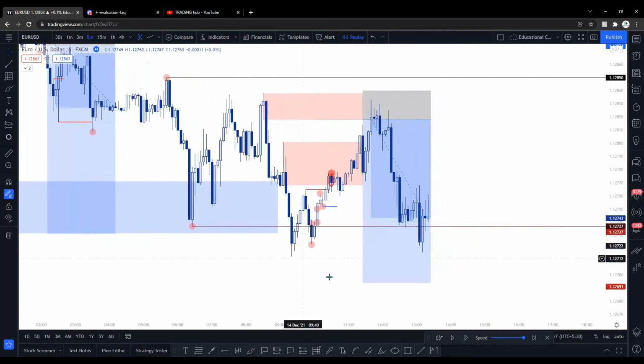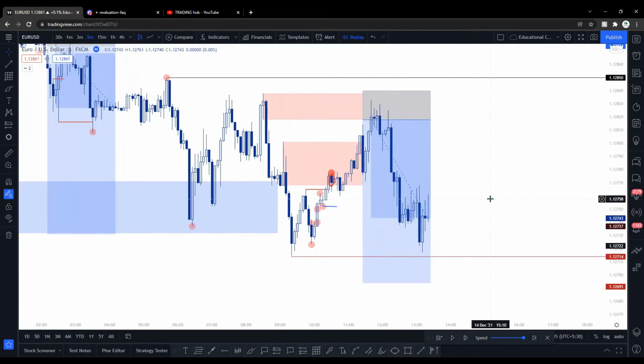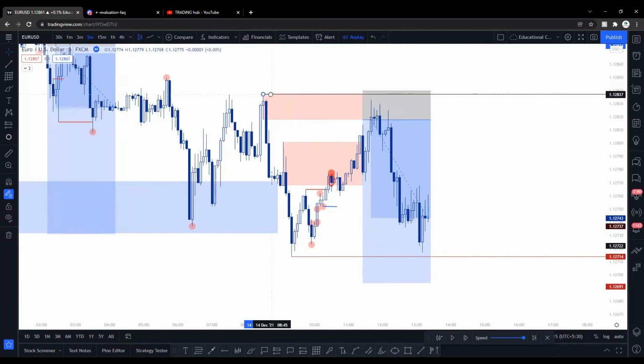And it breaks, and our next low is here. I mean, the low was here. If the market closes below it, then we would like to trail our stop loss to break even, because our recent swing high or low is here.